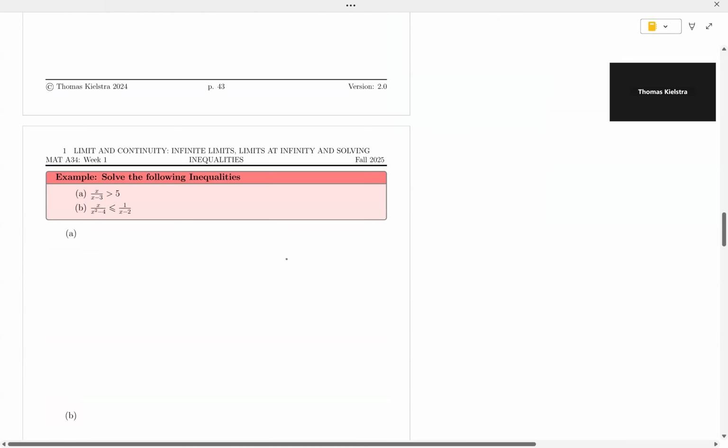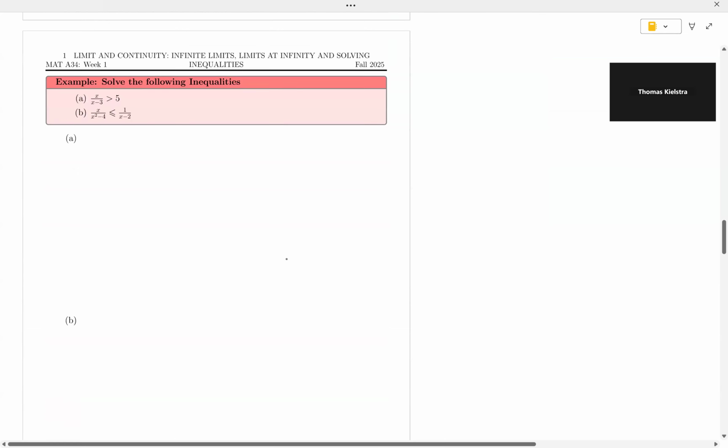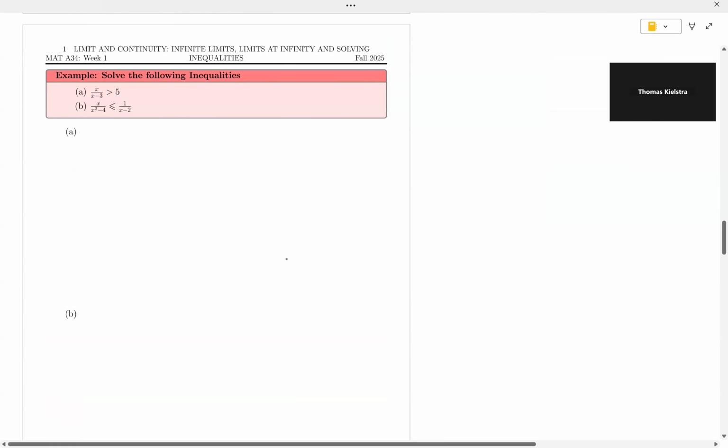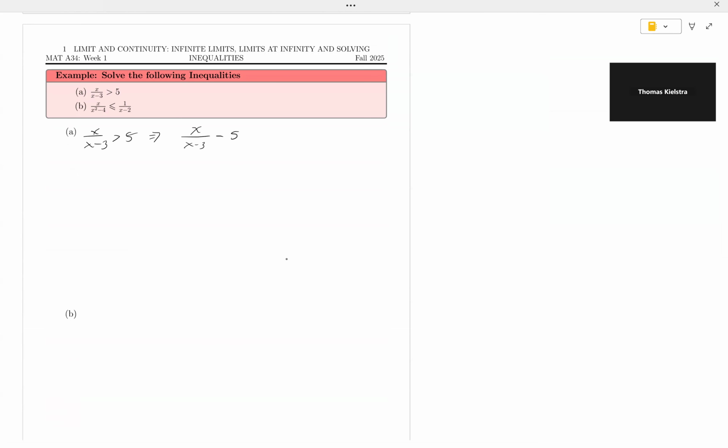So if we take a look at these two inequalities, we've got x over x minus 3 is greater than 5. This implies that x over x minus 3 minus 5 is greater than 0.